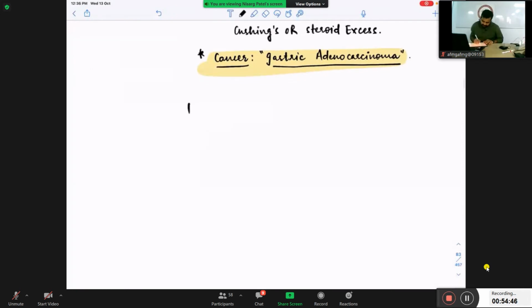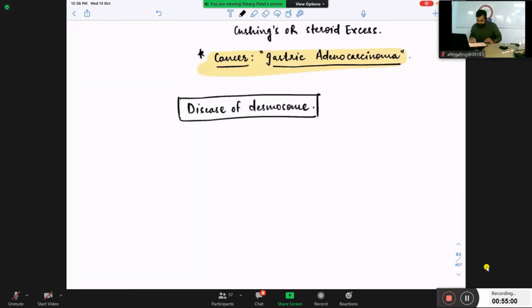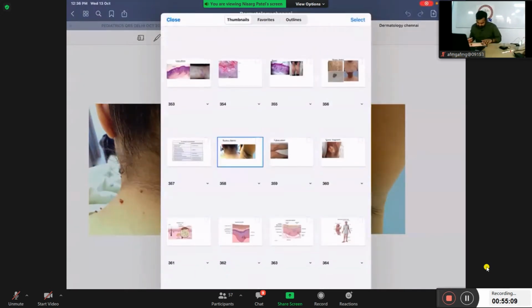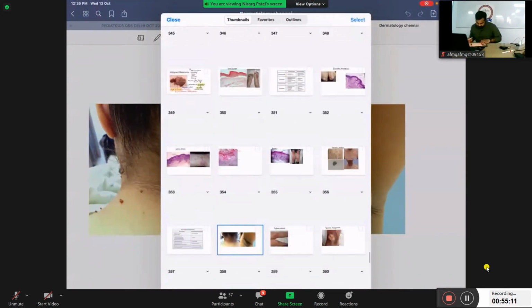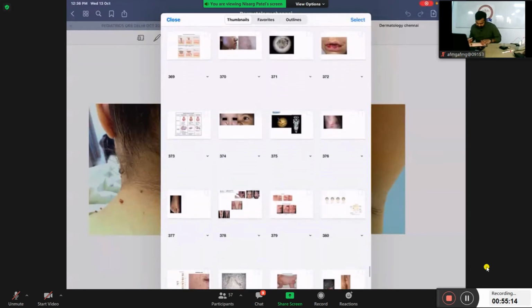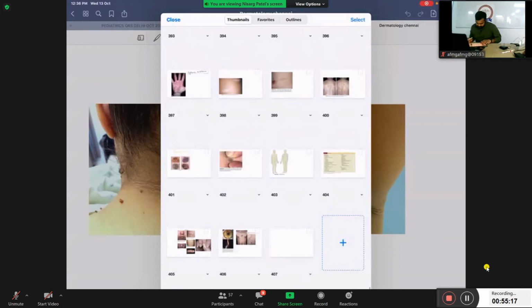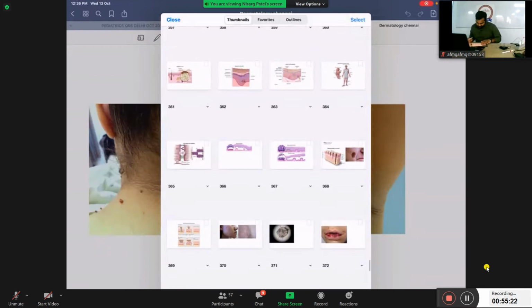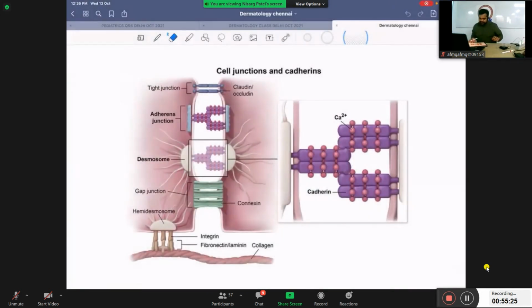Okay. We will discuss diseases of the desmosome. See this image.